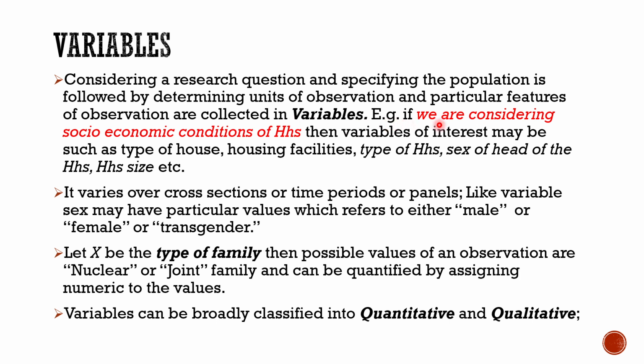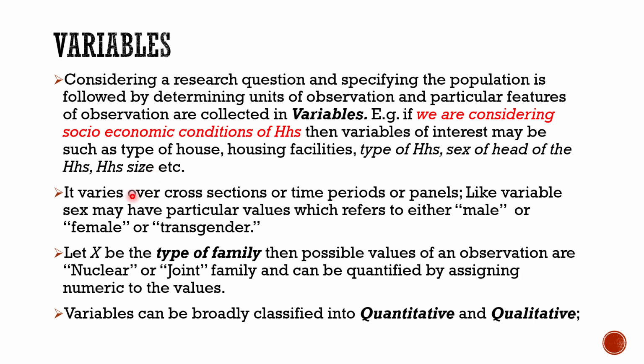For example, if we were considering socio-economic conditions of households, then variables of interest may be such as type of household, housing facilities, then sex of the household, and then household size, etc.